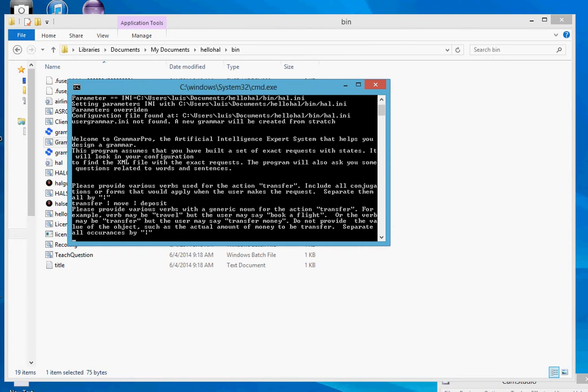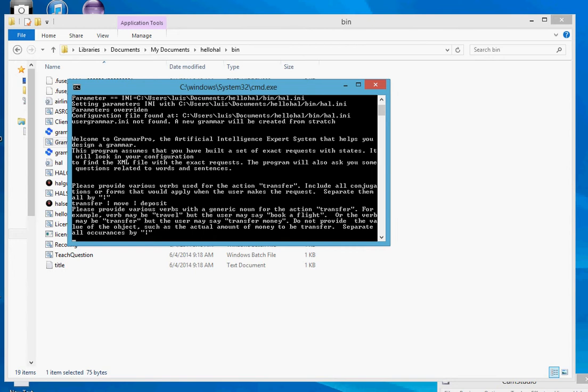Let's hit the enter key, and then the next question is asking us about generic verbs followed by generic nouns. So we might say transfer funds. So funds is a generic noun. We can say transfer $500, but 500 is not a generic noun. It's an actual amount.